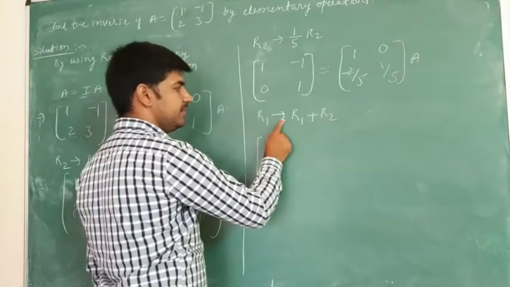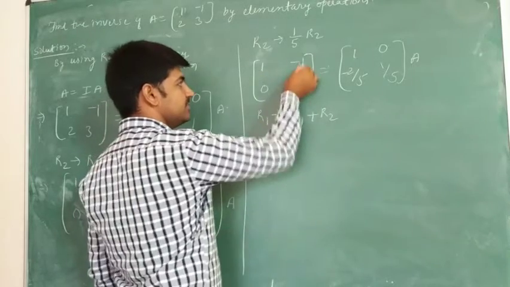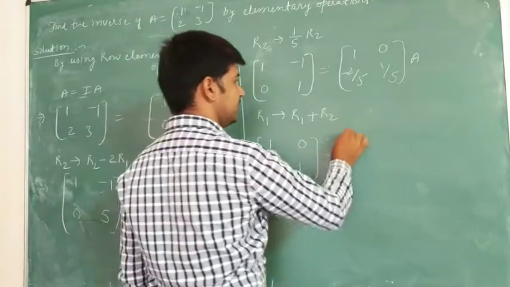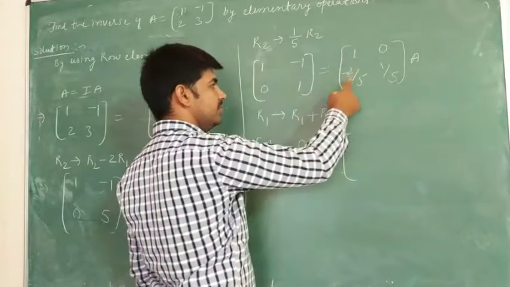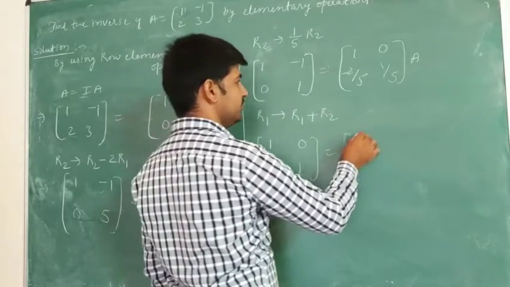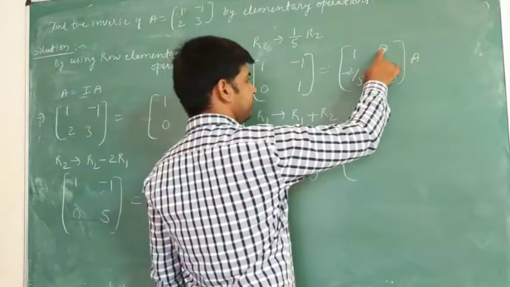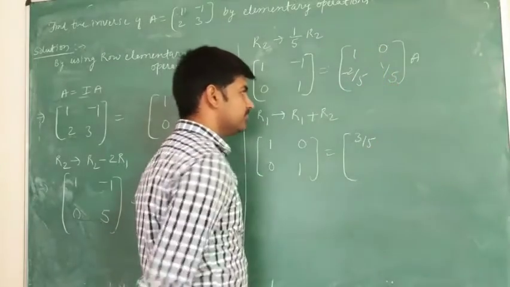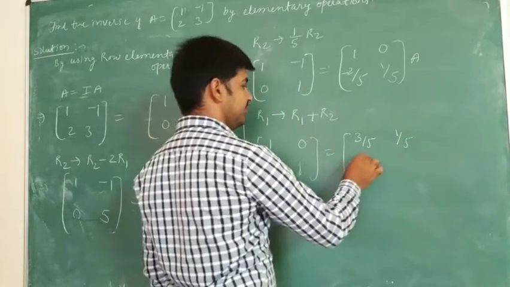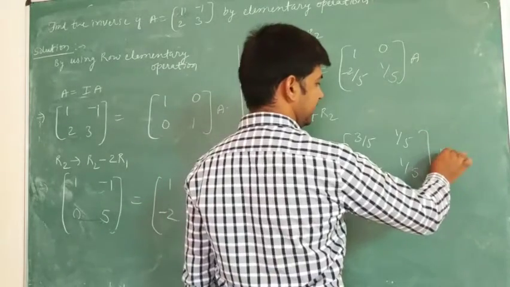R1 is to be replaced by R1 plus R2, so 1 plus 0 is equal to 1 only. This plus this is equal to 0, and R2 will remain the same, 1, 0, and is equal to, students, 1 plus minus 2 upon 5. So 1 plus minus 2 upon 5 is equal to 3 upon 5. Okay, and then this plus this one is equal to 1 upon 5. And this will remain minus 2 upon 5, and this is 1 upon 5, and times A is what we have got.